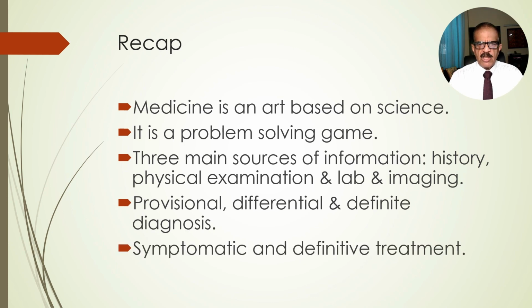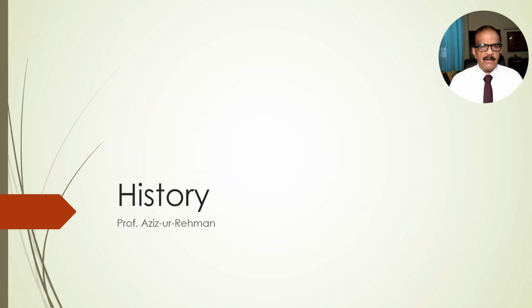Initial treatment is symptomatic, and once you reach the definitive diagnosis, we offer definitive treatment, which I said could be just a prescription, hospitalization, an operation, referral to another colleague, or maybe just reassurance. Now today we'll take up history.